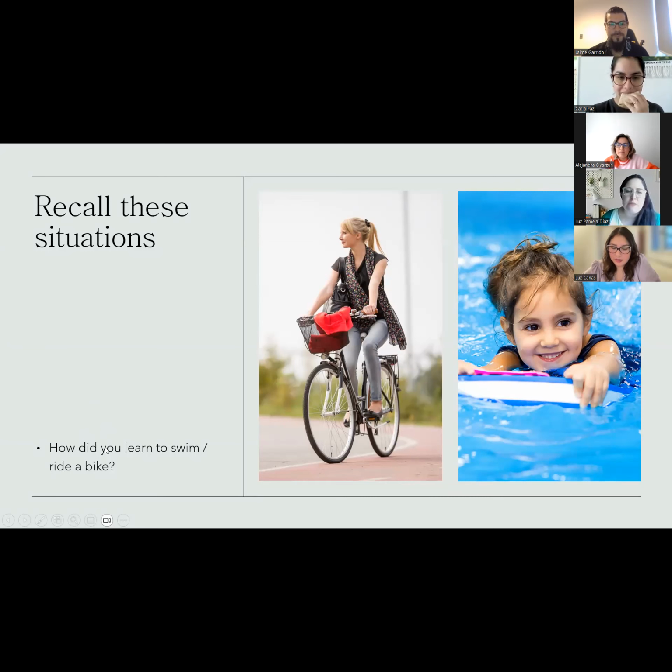It took a lot of practice because I was very much afraid of falling, but after a while, I learned. Yeah, sure. So you were given the bike right away. So this is your bike, go, right? Exactly. Thank you. Anybody else would like to share any moment when you learned how to swim or ride a bike?